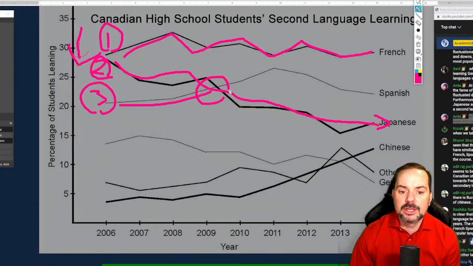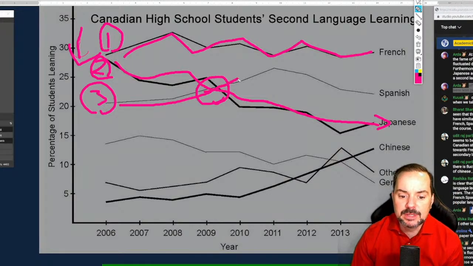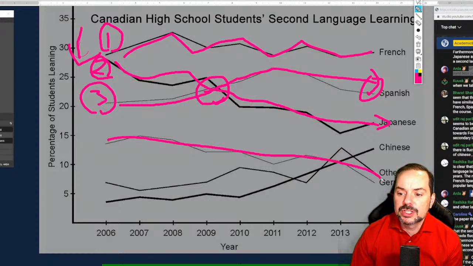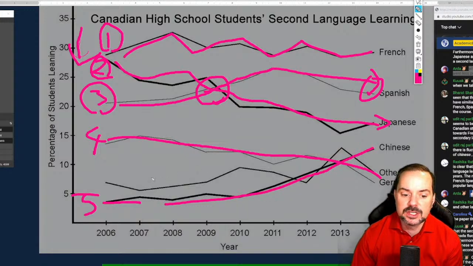I would definitely mention this point here where it exceeds the popularity of Japanese in 2009, and then maybe this point here. And then for German, I would mention just that there for number 4. And then for Chinese, I would go number 5. Okay, which is this. It's an interesting one. And then if I have some time, I would talk about others. But others, I would just mention the range here. Okay. Let me show you what I mean.